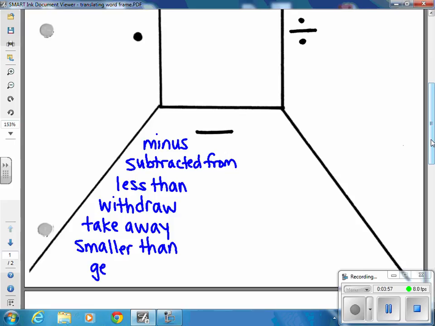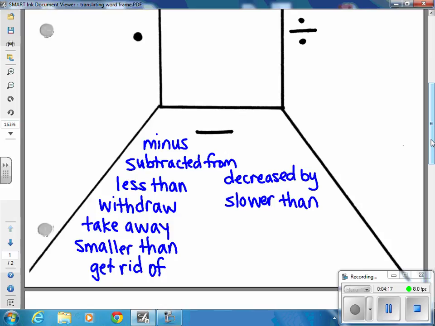Get rid of. And these are all just little phrases that, if you think about them mathematically, you would subtract to get your answer. Slower than. Decreased by. Difference is the main one.